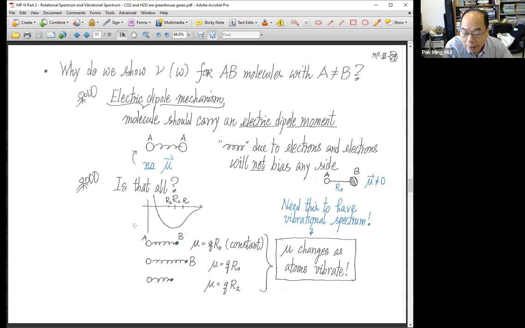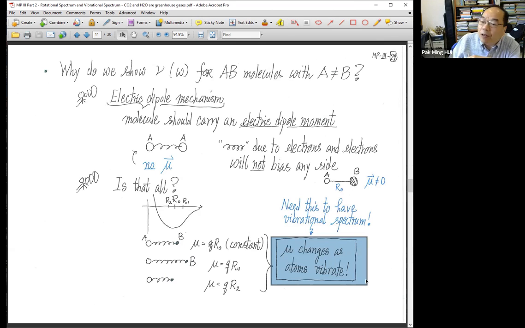What we need is the following. As the molecule vibrates, as I have shown here, okay? Relative motion, the B is vibrating. We also want the following thing to happen. The electric dipole moment has its magnitude varying as the vibration goes. Now, that is different from having a constant, permanent, fixed value of electric dipole moment.